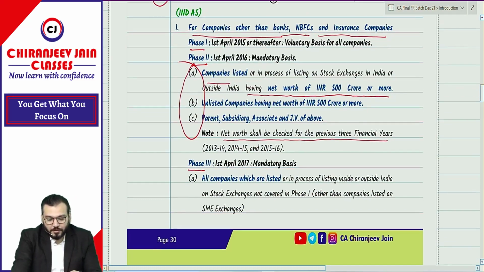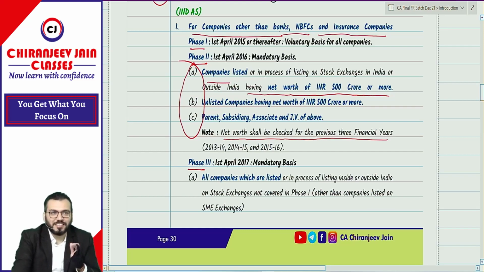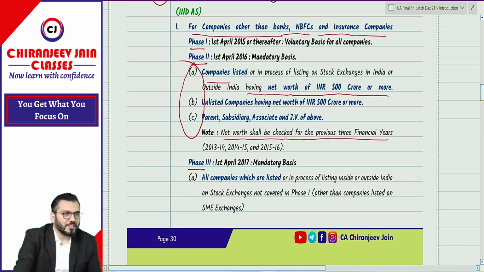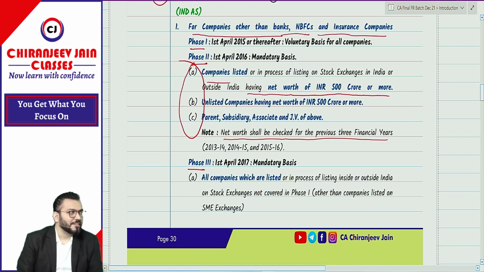Now, let us complete this Ind AS introduction first. You have understood what Ind AS is. Ind AS is the converse form of IFRS. Whenever we say IFRS, it includes IAS. IAS become Ind AS 1, 2, 3, 4, up to 41, but effectively there are not 41 IAS. IFRS become Ind AS 101, 102, 116.